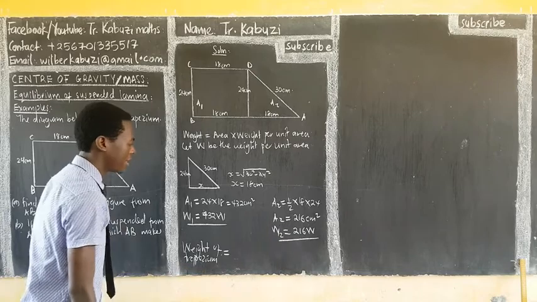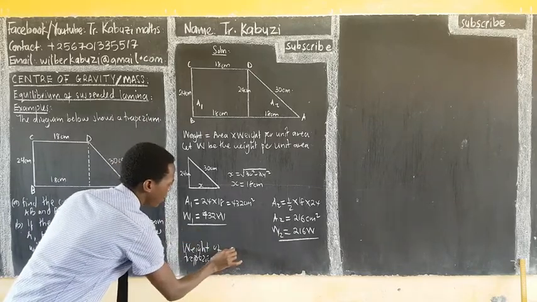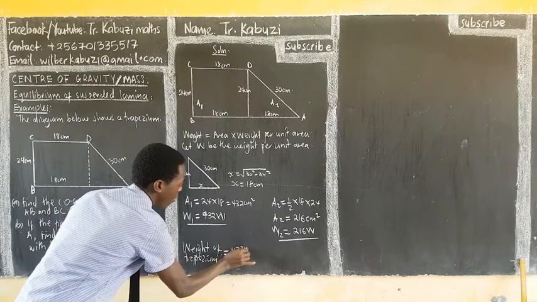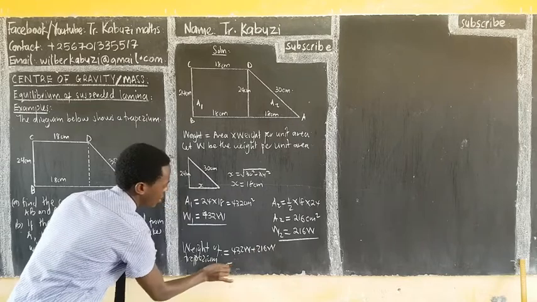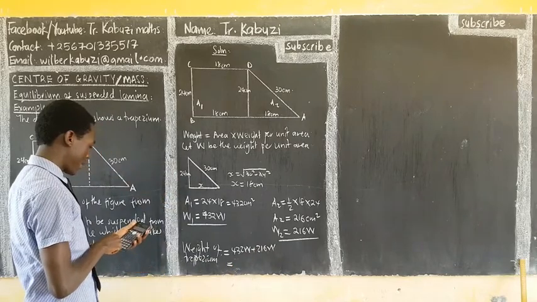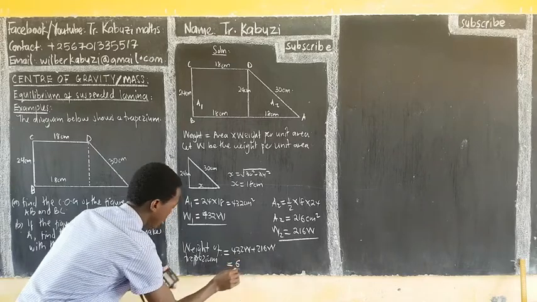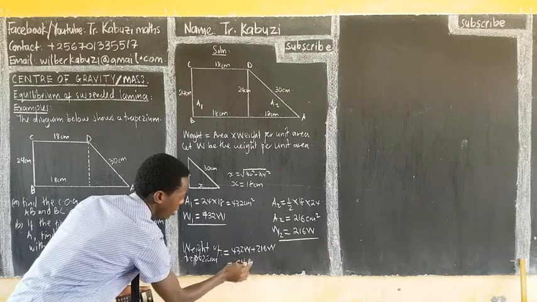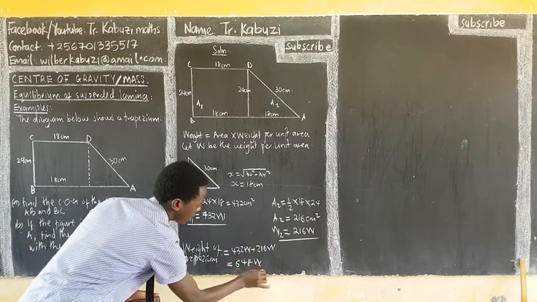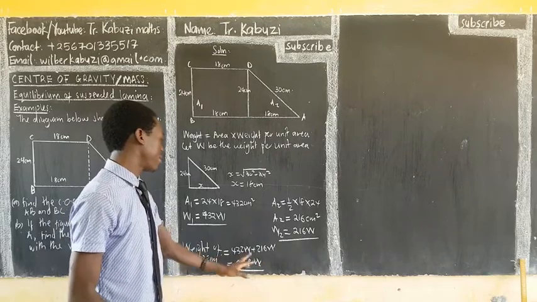The weight of the trapezium is going to be 432W plus 216W, which gives us 648W. You can just add this: 6, 4, and that is 8 after carrying.